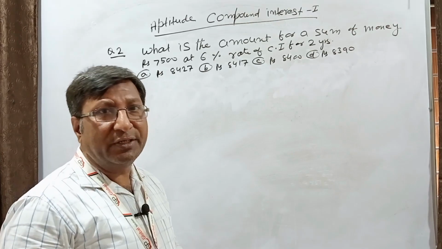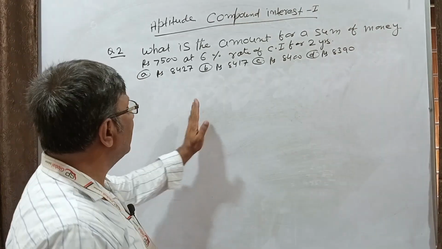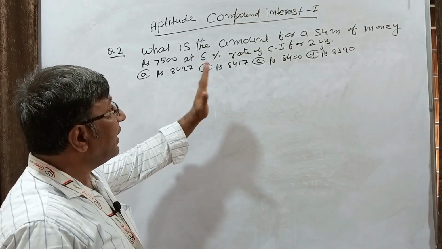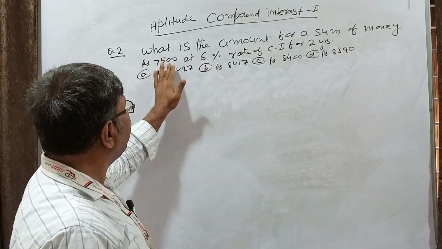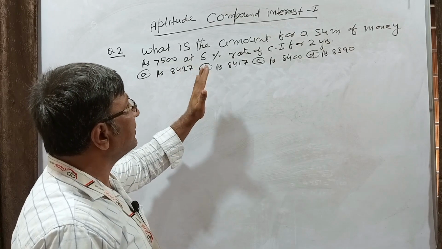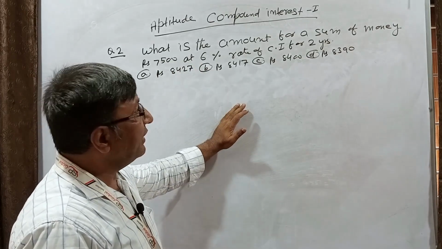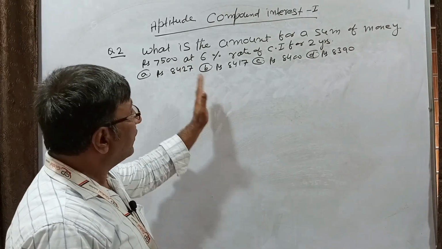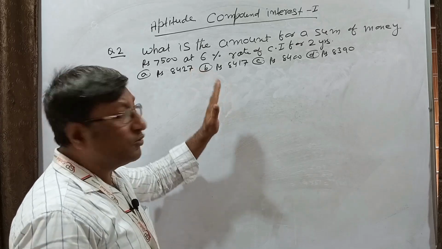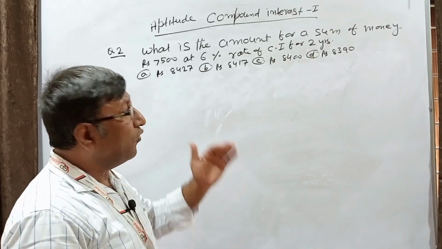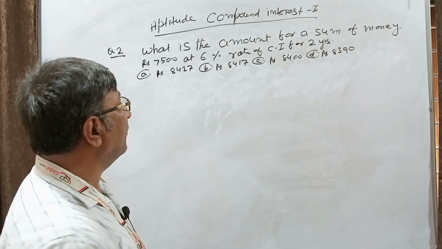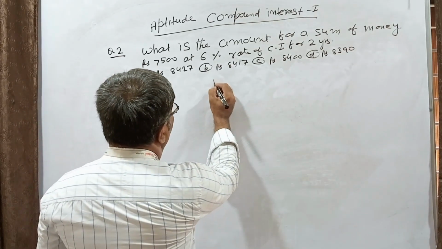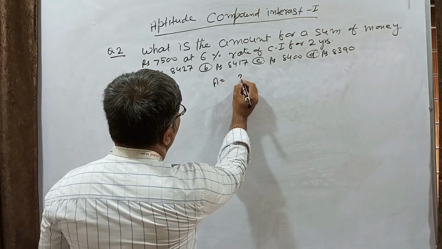Now see question number 2. What is the amount for a sum of money rupees 7500 at 6% rate of compound interest for 2 years? For this type of question, first read the question carefully and check what is given. In this question, we have to find the amount, A equal to what.